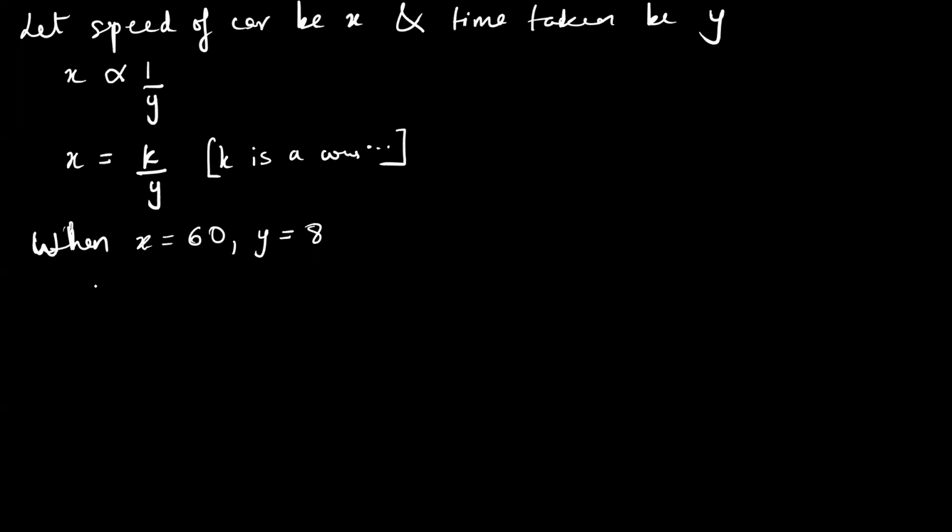Okay, so x is equal to 60, is equal to k upon 8. So k is equal to 60 into 8, which is 480.